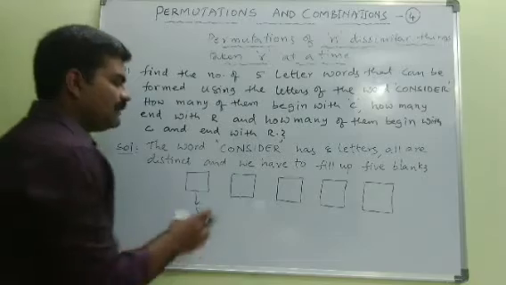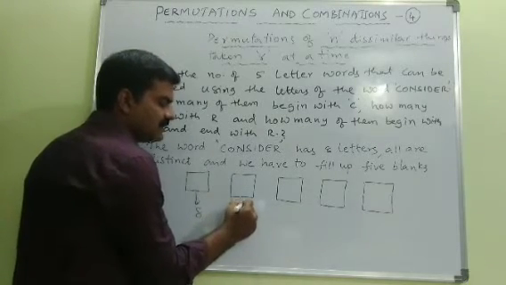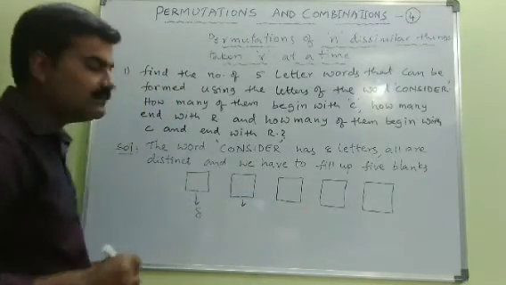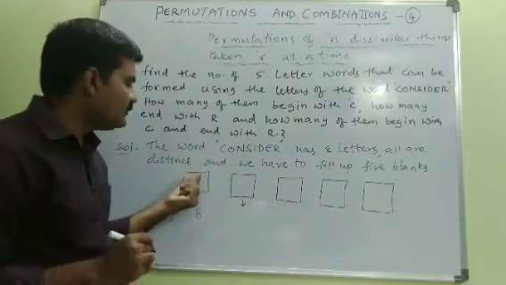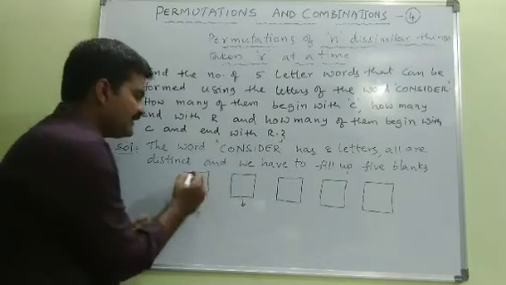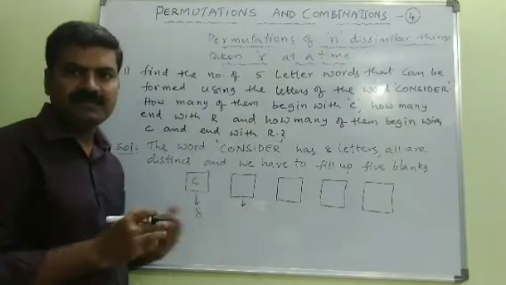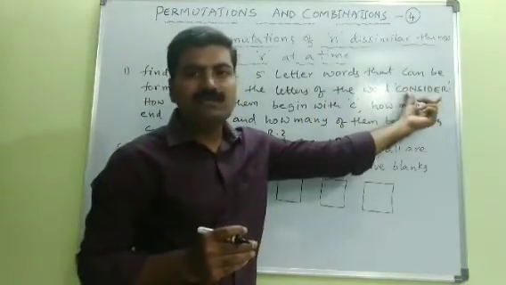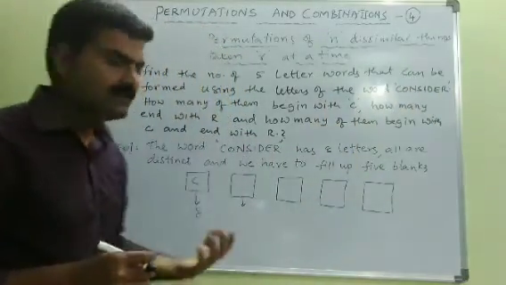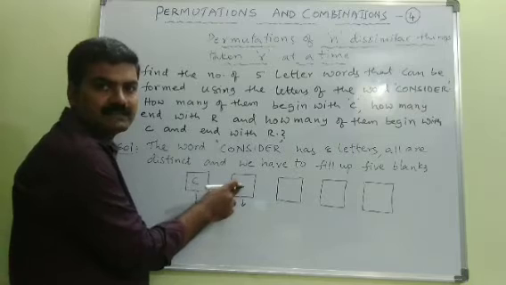Now coming to the second box, in how many ways can we fill it? Since one letter is already occupied, for example if I started with C, how many letters are left with me now? 7. Among these 7, I can fill any one here.